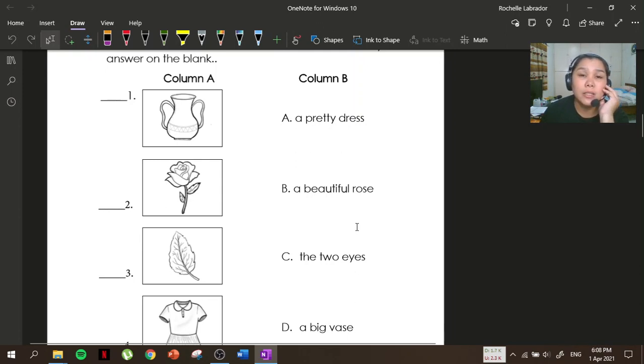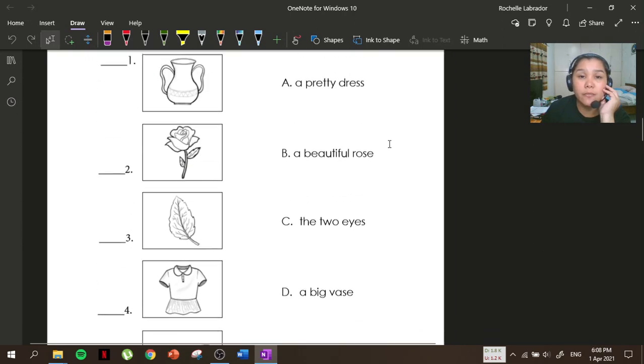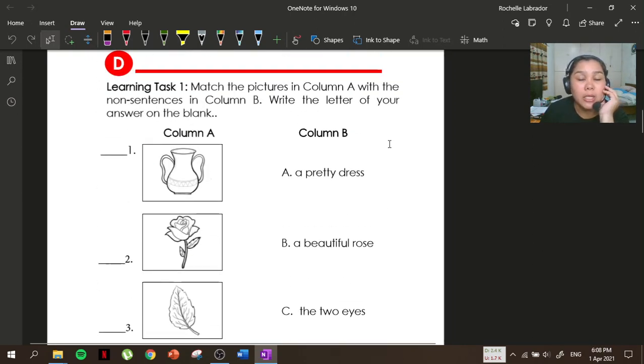You have to identify first if they tell a story, if they have a complete thought. But for these examples on column B, these are just phrases. Wala pa siyang story. So we're going to connect them to the correct picture.